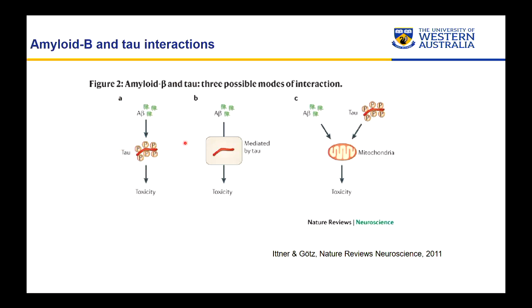This causes phosphorylation of tau, which then is toxic to cells. There are other hypotheses that suggest that amyloid beta is toxic to cells, but how toxic they are is dependent on tau. And then there are other hypotheses that suggest that amyloid beta and tau both work on mitochondria, and this increases reactive oxygen species to kill cells.